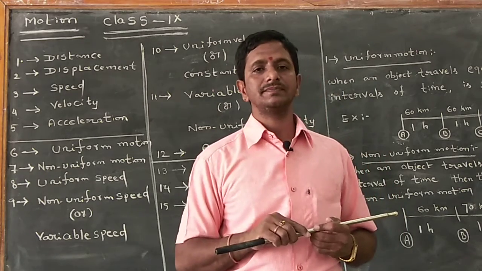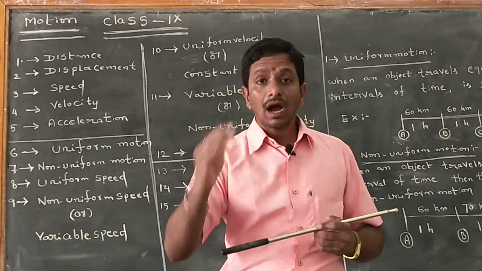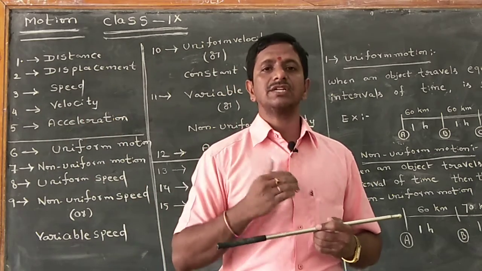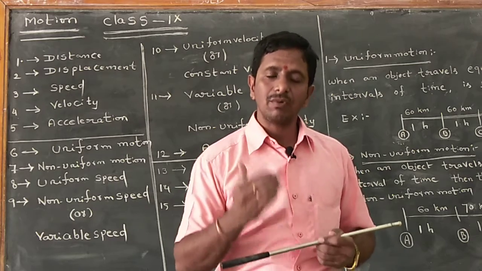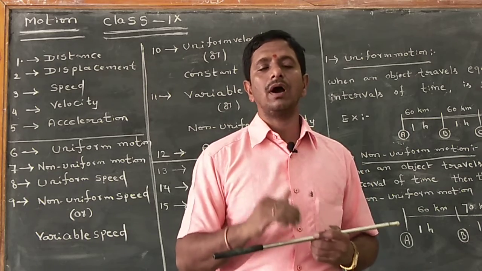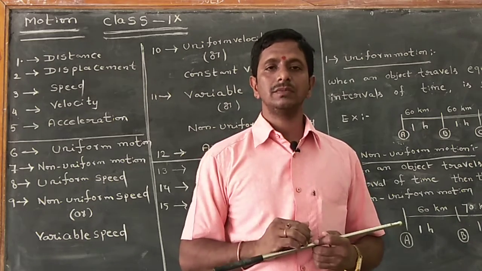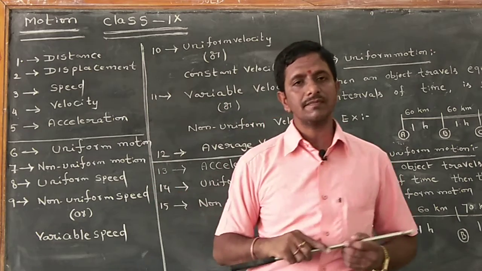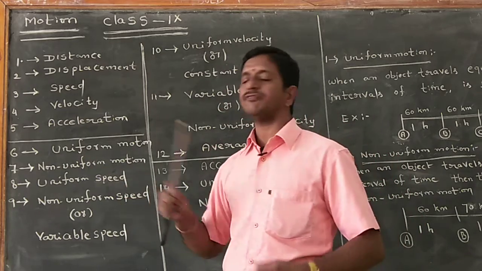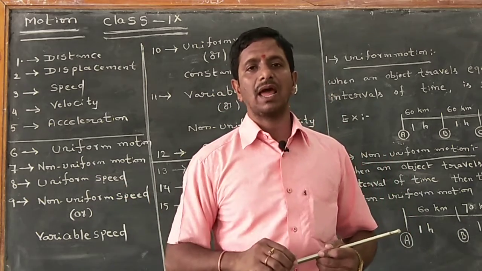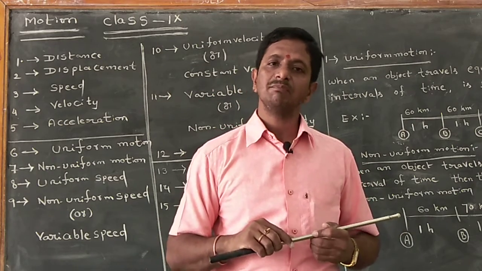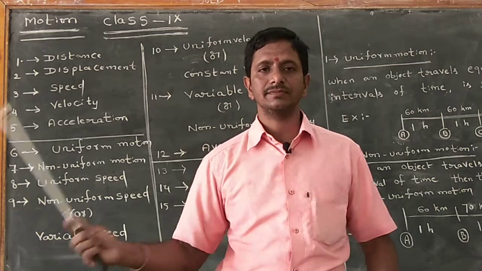When a body covers unequal distances in equal intervals of time, such a motion we call non-uniform motion. I shall explain uniform and non-uniform motion on the board with neat examples. Please observe carefully.